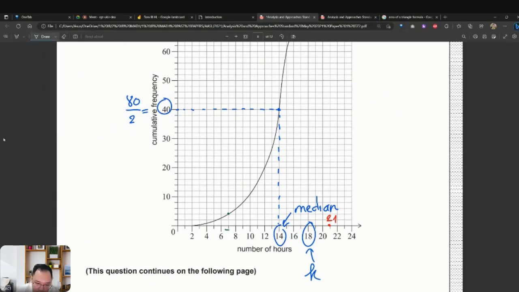This value is 4, and 15 is here. Associated with this value is 60. So you see, 60 minus 4 is exactly 56.